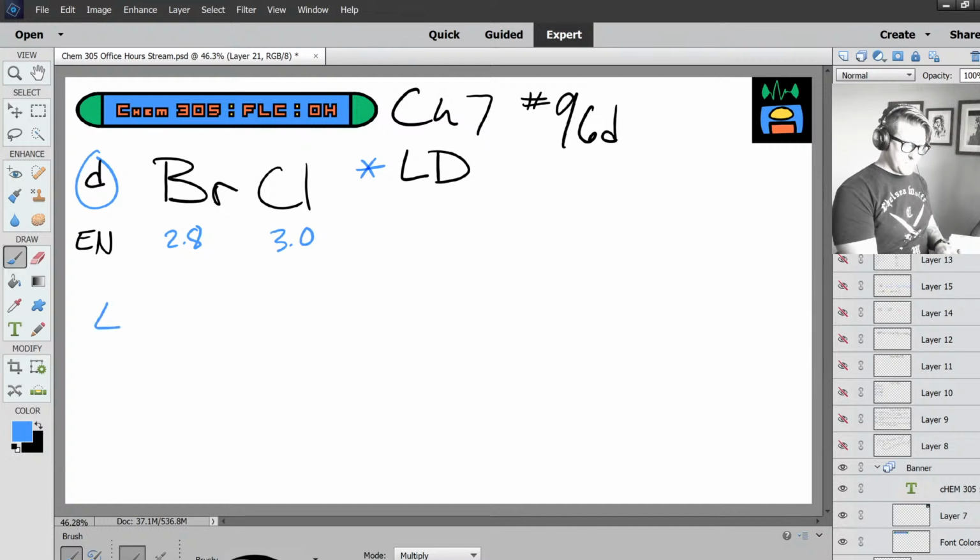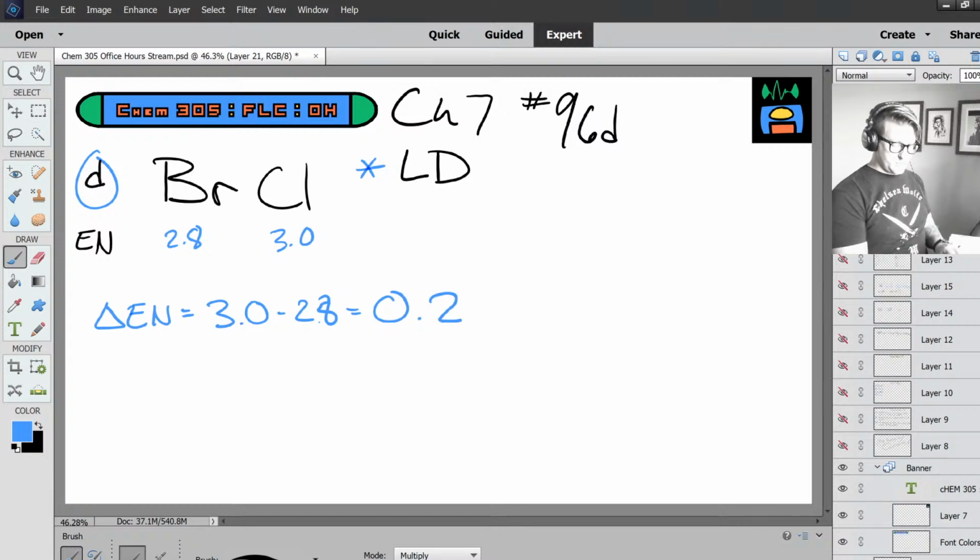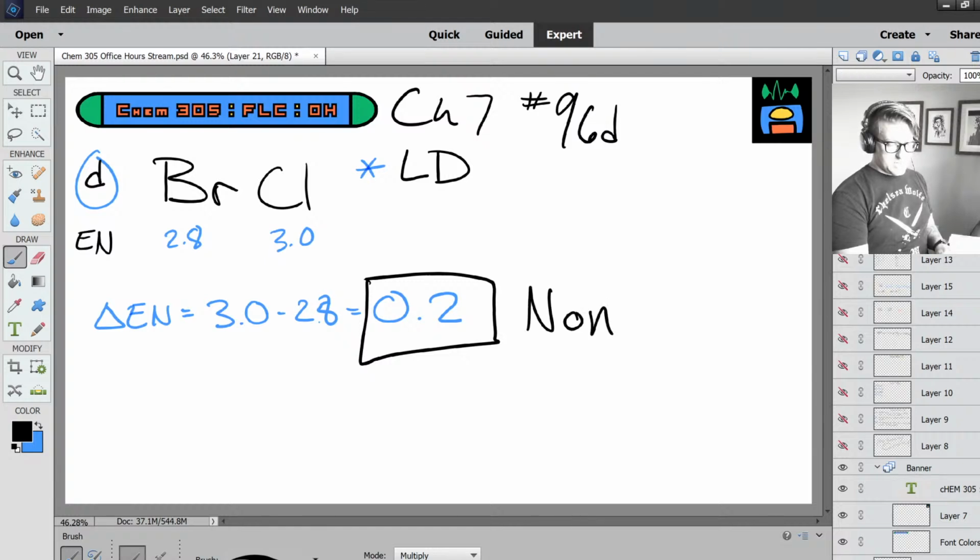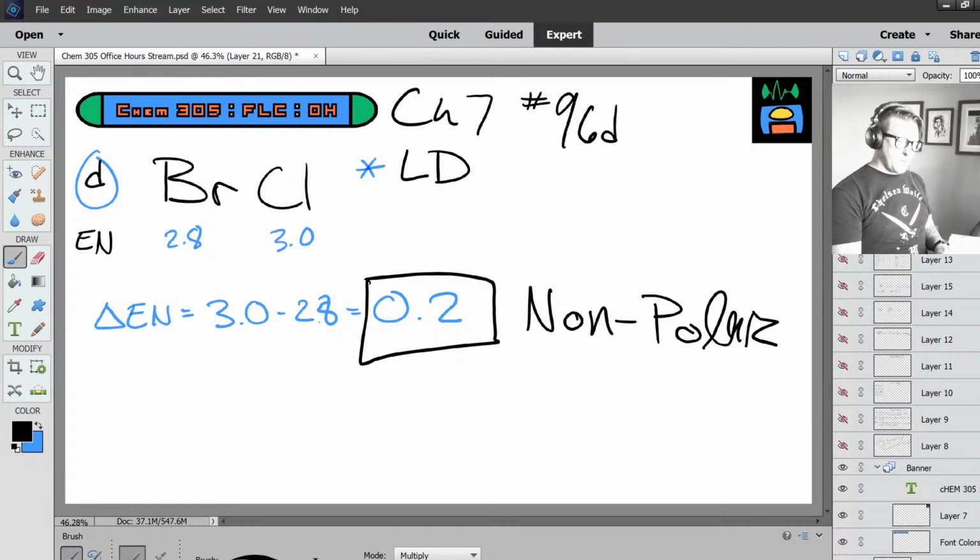All right, so our difference here in electronegativity is 3.0 minus 2.8. So that difference is 0.2. This electronegativity difference means that this bond is nonpolar. And if your bond is nonpolar, your molecule is nonpolar.